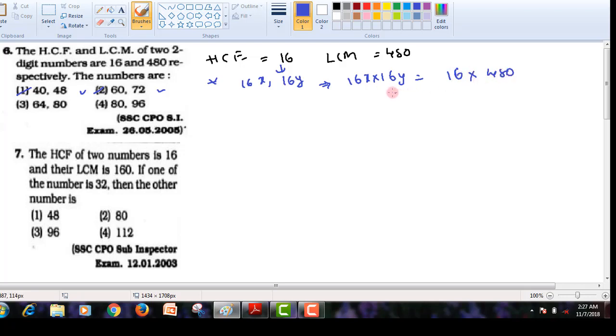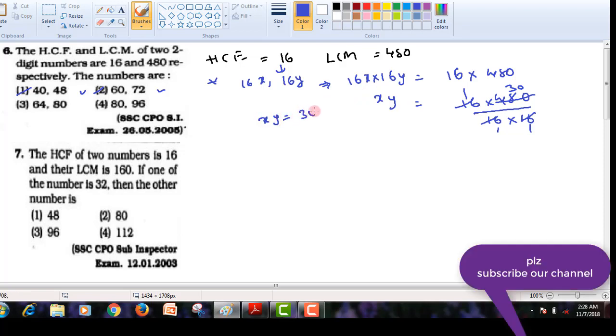By using this, we get 16x into 16y equals 16 into 480, so x into y equals 480 by 16. The 16s get cancelled, and 16 thirties are 480. Then we got x into y as 30.